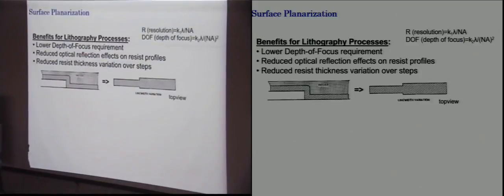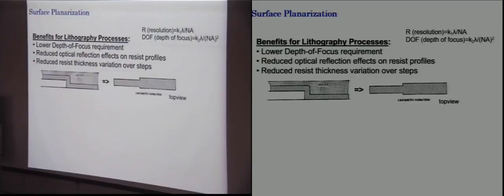But a lensing system's depth of focus and the resolution are kind of inversely proportional to each other. Anything that improves the resolution will make your depth of focus small. Therefore, you have no choice but to make your wafer as smooth as possible to make sure that your patterns can be transferred. So in order to make sure your lithography is doing very well, you need to make sure your films are very smooth.